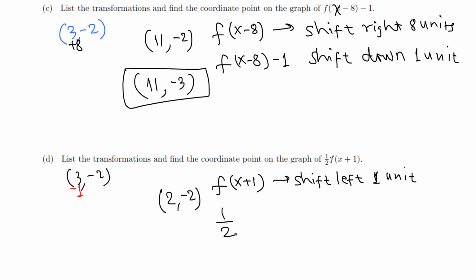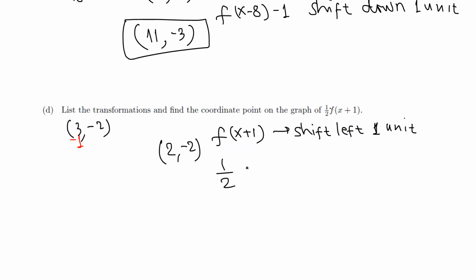Then we have 1/2 times. So we are now multiplying the y coordinate by 1/2. It's like the stretch, but in this case compress, because we are making it smaller. Vertical compression by 1/2.